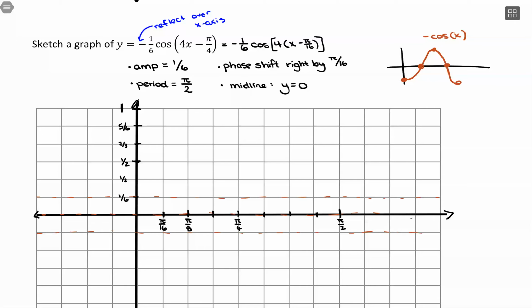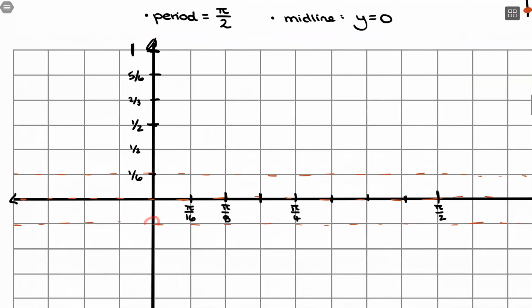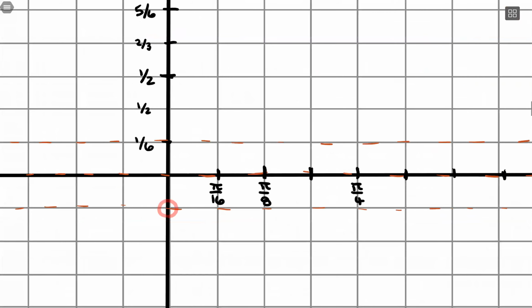All right, so with negative cosine, we would be starting at the minimum because of that reflection. So without a phase shift, I would be starting down here, but what we have is a phase shift to the right by pi over 16. So where I would be down here, I'm going to move that to the right by a unit of pi over 16, and that's where it's really nice to see that block there, because then that means I just move right there.